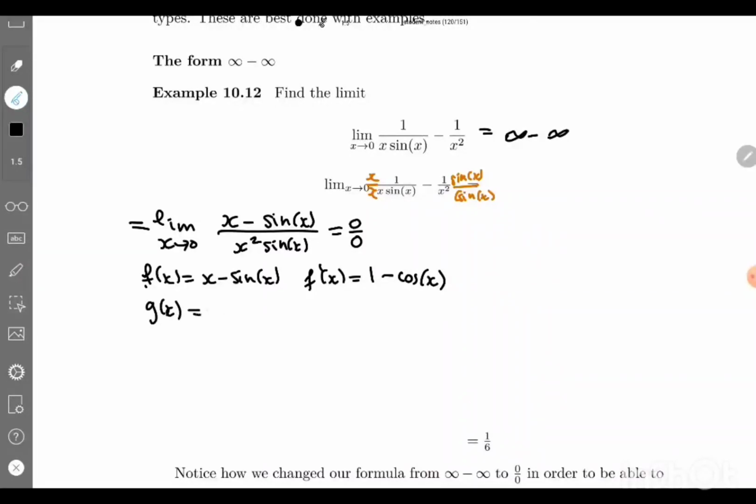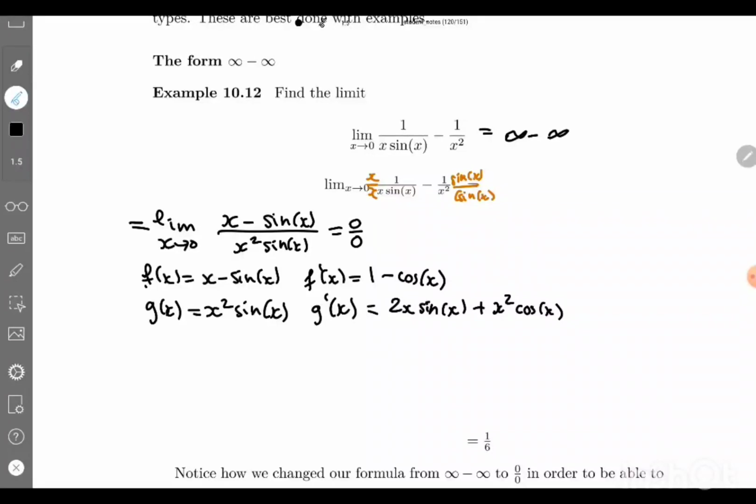Then g of x in our case is x squared sine of x, since that's the denominator. So the derivative, we're going to use the product rule: 2x sine of x, the derivative of x squared times sine of x, and then the derivative of sine of x times x squared, so we have x squared cosine of x.